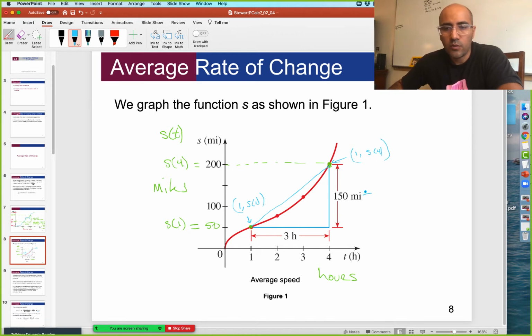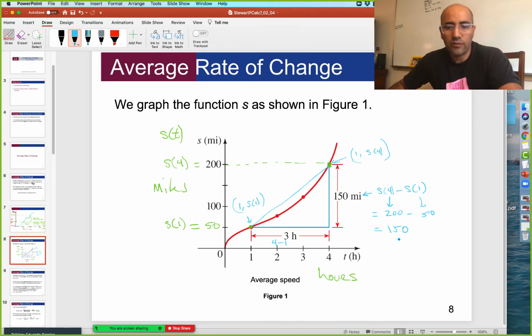This 150 is s of 4 minus s of 1, where s of 4 was equal to 200 and s of 1 was equal to 50, so the whole thing equals 150. That's where this 150 comes from. And then here we have 4 minus 1, that's how we get 3.